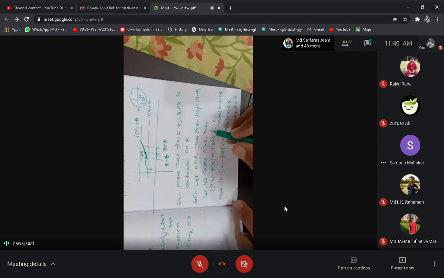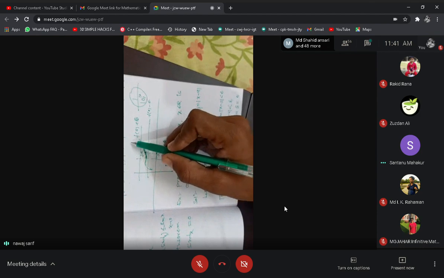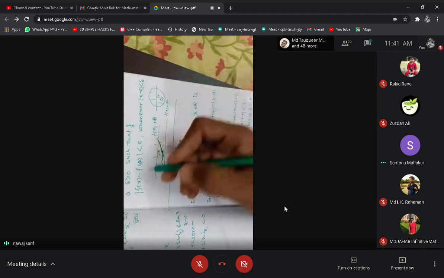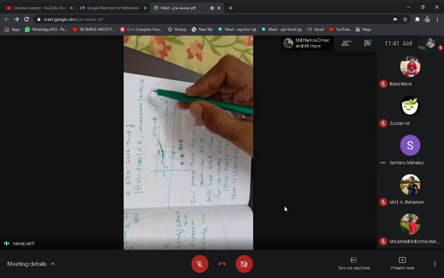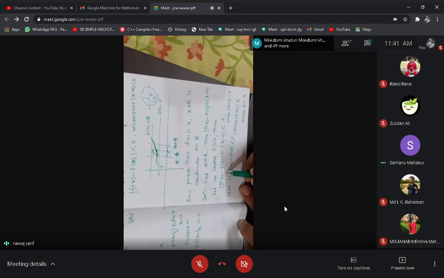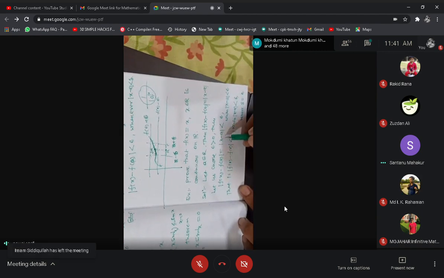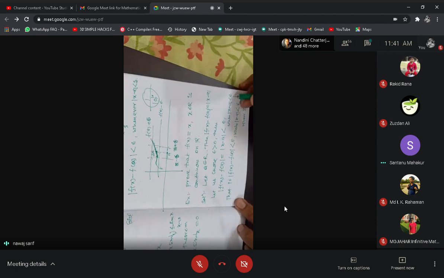Our aim is to show that mod of f(x) minus f(a) is less than epsilon, and we have to find such a delta for which, if mod of x minus a is less than delta, then this is less than epsilon.